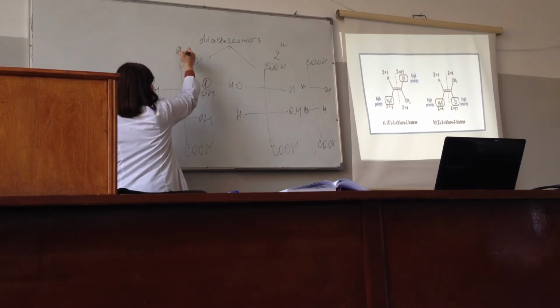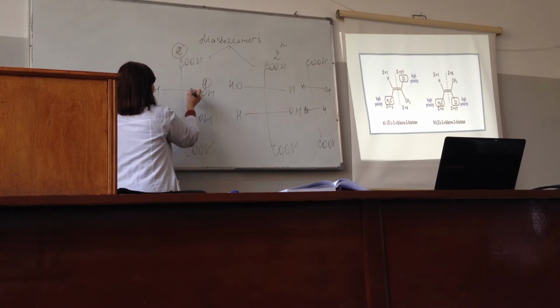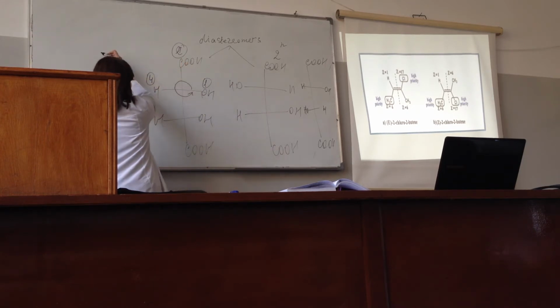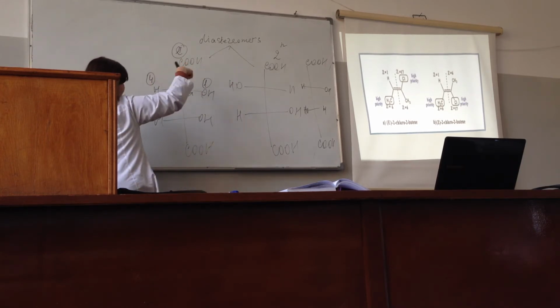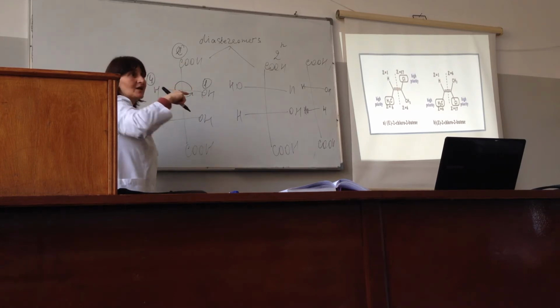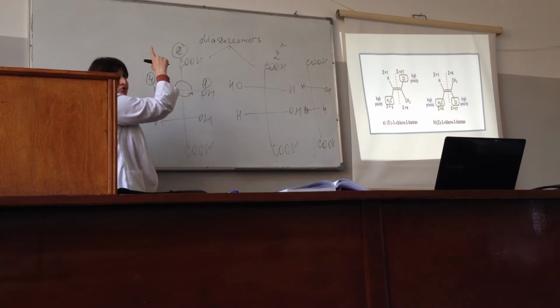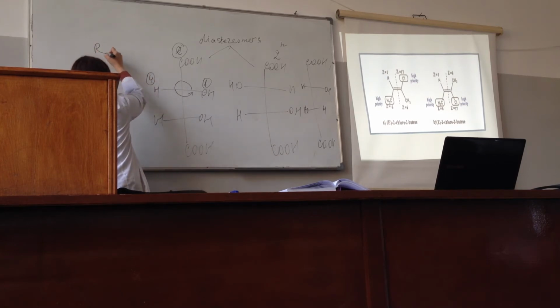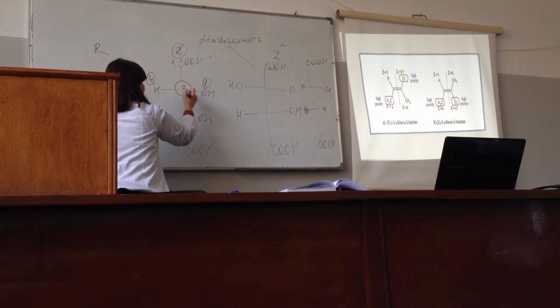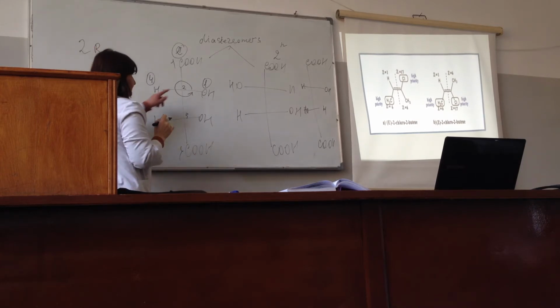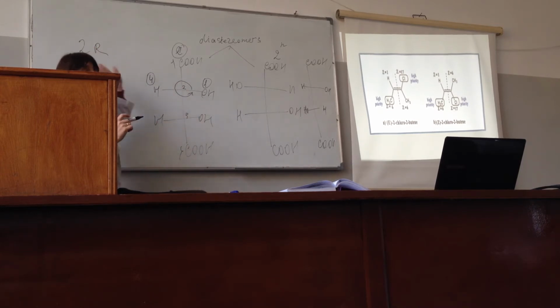And this is number 2. So 1, 2. Your priority goes anticlockwise. So this carbon's absolute configuration would be S. But because your lowest group is on the horizontal line, you have to change. And finally you have R. This is the first carbon, this is the second, third, and fourth carbon. So the second carbon's absolute configuration is R.